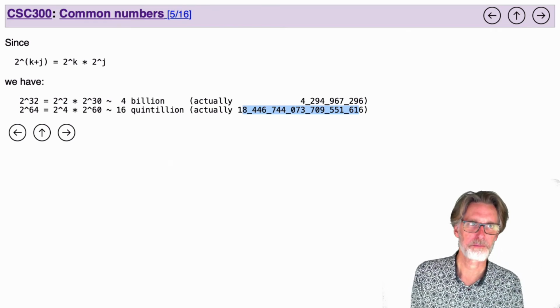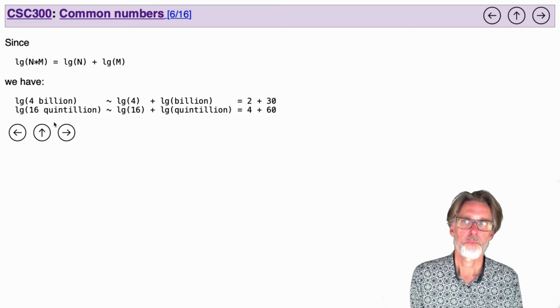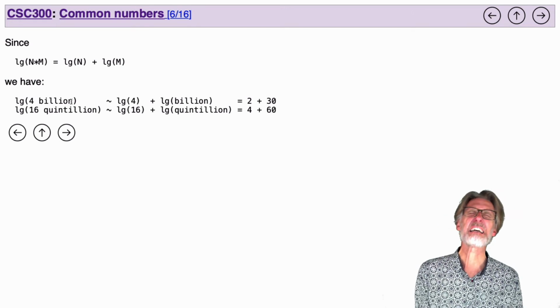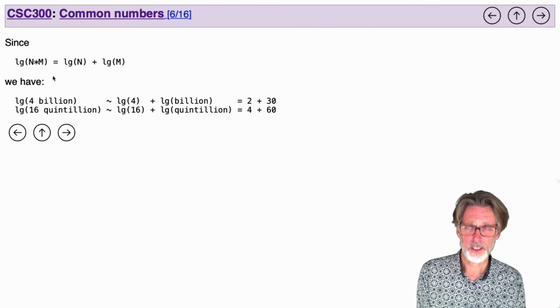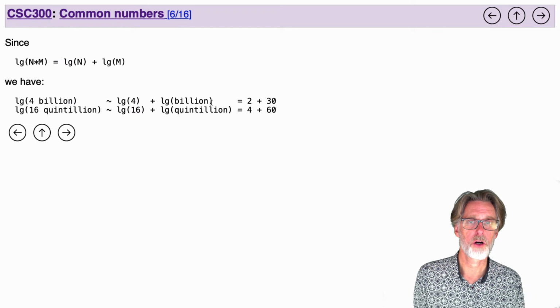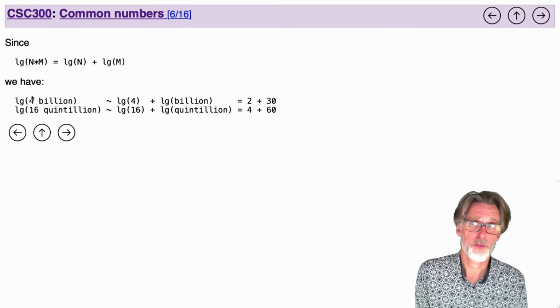16 quintillion. We can also apply these laws for logarithms. So if we have the log of 4 billion, we might wonder, what is that? Well, since 4 billion is nothing but 4 times 1 billion, we can simply take the log of 4 plus the log of 1 billion, and that will give us the log of 4 billion.